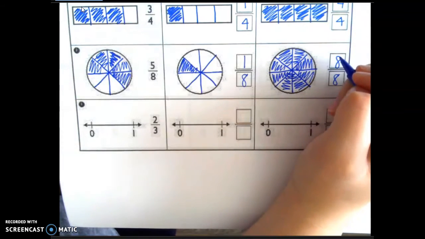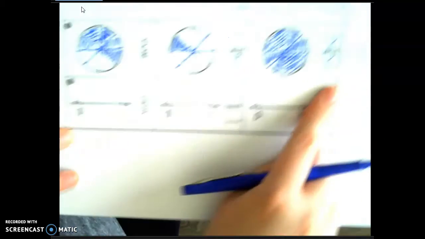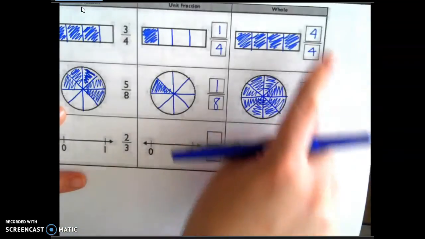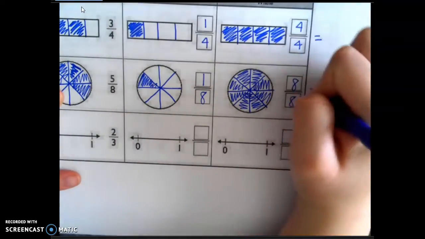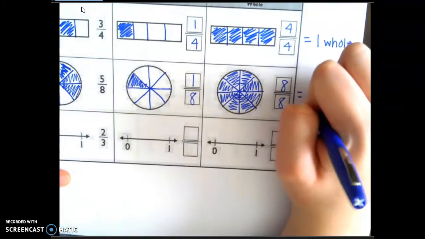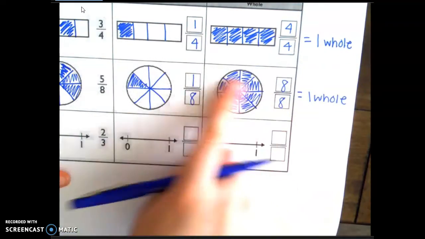There's all 8 of them being shaded. Okay? Sometimes you'll see the fraction written as 8/8 or 4/4, but this also equals, I want you to realize this equals 1 whole. Okay, so this whole thing is shaded.